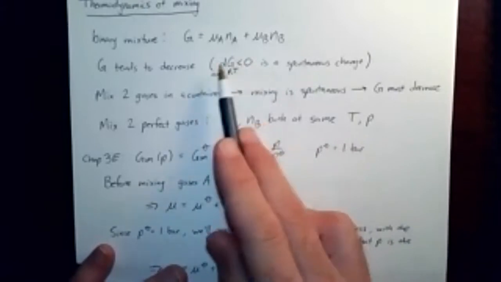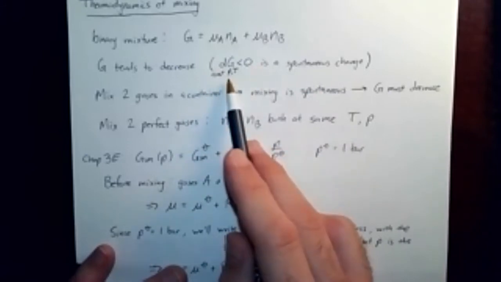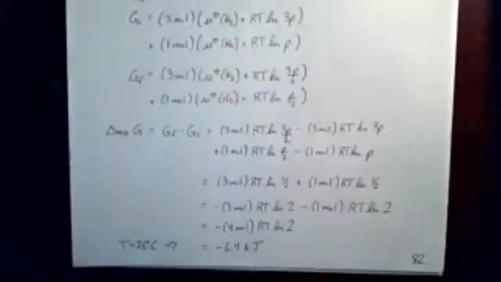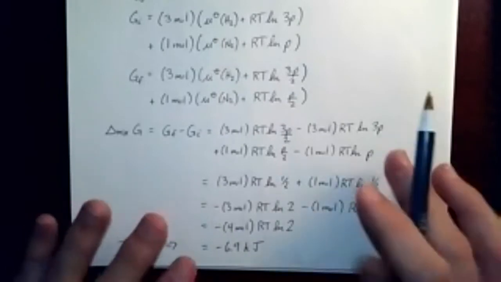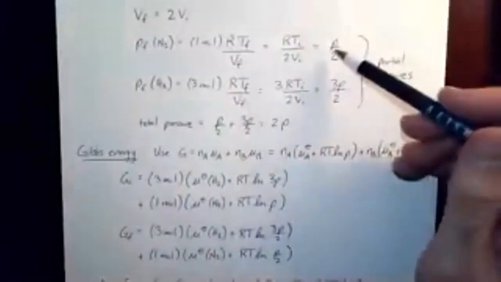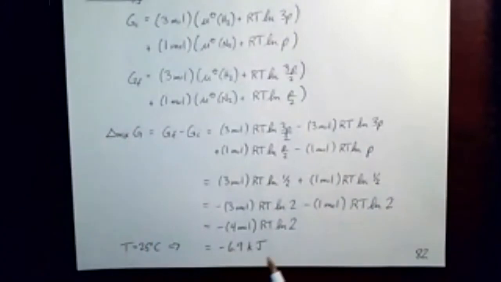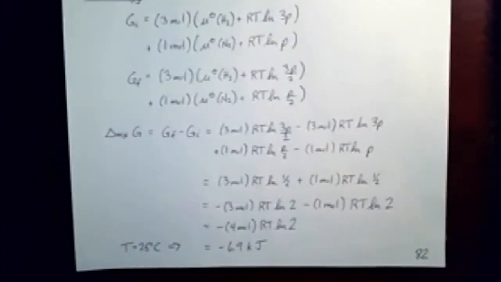That was our criteria for spontaneous change. We did not hold P constant in this example. P changed. The total pressure at the end was 2P, and the pressures of each gas changed. So the fact that this is negative doesn't necessarily imply spontaneity.